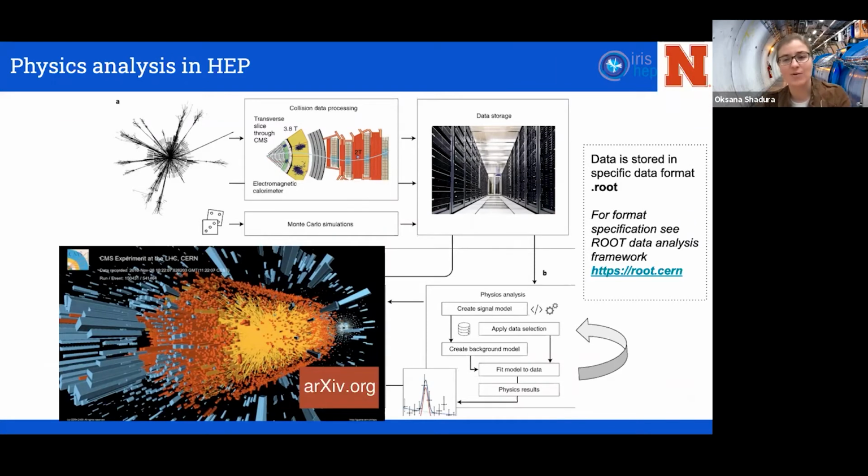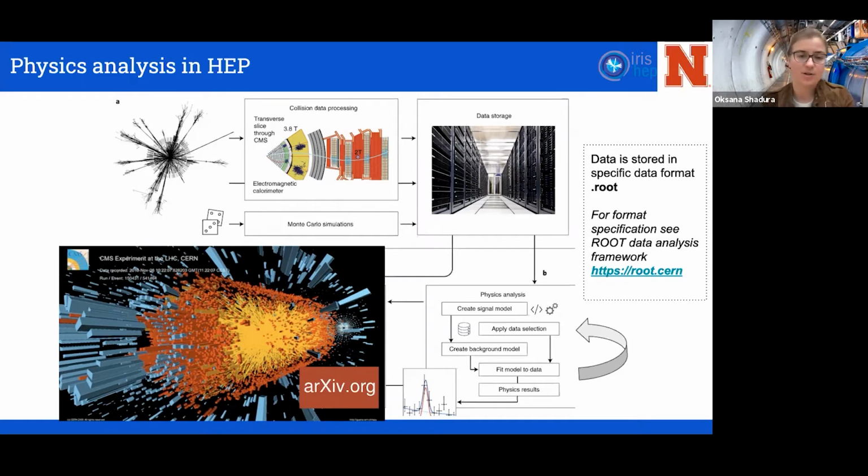So at the beginning, of course, before physicists start to work on the data analysis, we need to collect data from the detectors, as I already said. And here it's not very simple because these detectors have an onion-like structure where you can record the interesting events for you.